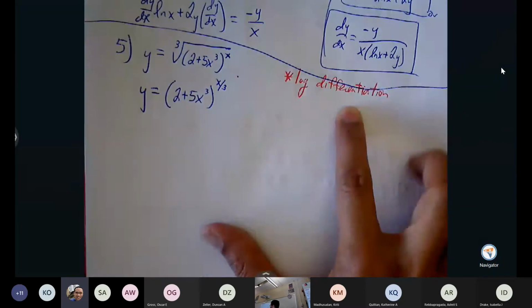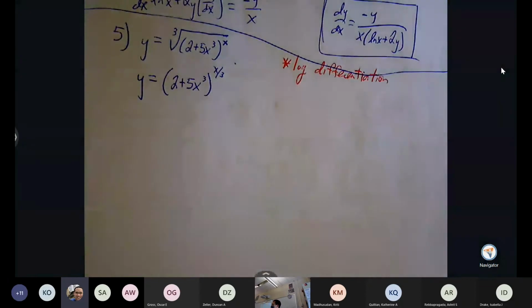Let me talk a little bit about that. Log differentiation is where you look at a problem, there are no logs in it at all, and you say to yourself, this problem could really benefit from log properties. And so we introduce logs to both sides of the equation, expand using the properties, and either it'll make the problem easier or it'll put it into a form that we can actually apply a rule for.